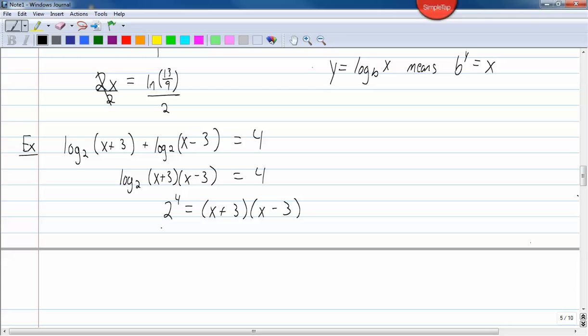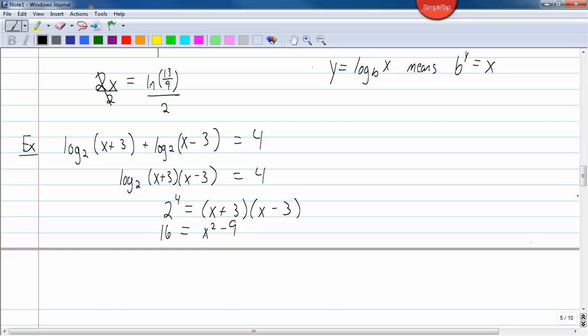Or 2 to the 4th is 16 equals, that's going to be x squared minus 3x plus 3x, those cancel out, and then minus 9.